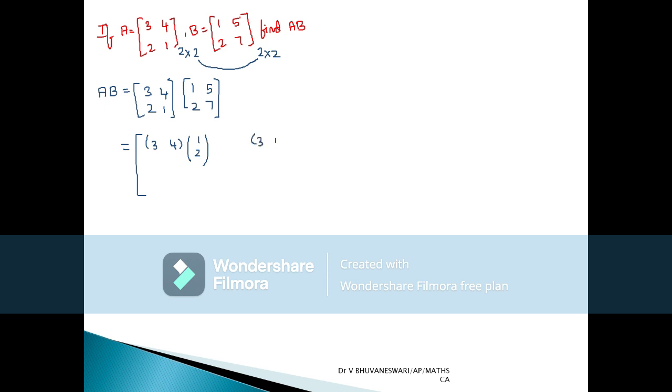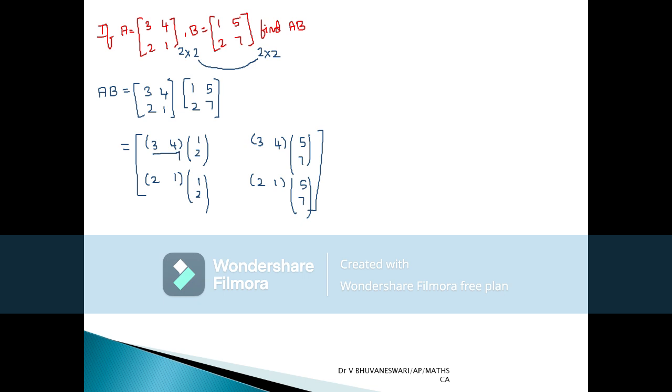Similarly, consider the same first row and multiply with the second column. Since it is over, we need to switch to the second row of the first matrix. 2, 1 needs to be multiplied with 1, 2. And similarly, 2, 1 needs to be multiplied with the second column, which is nothing but 5, 7.